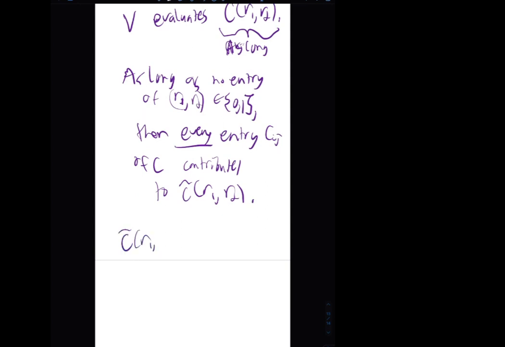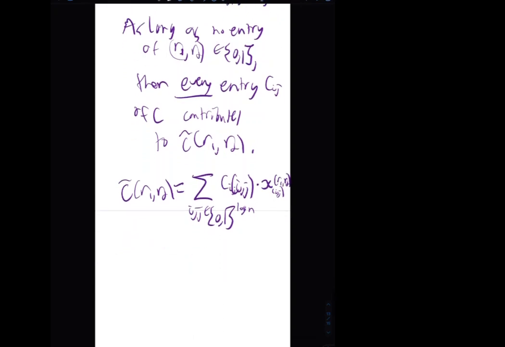C twiddle of R1, R2 equals the sum over all ij in the Boolean hypercube of Cij, if you view it as a function over the Boolean hypercube, times the Lagrange basis polynomial for ij evaluated at R1, R2. My point is, if no entry of R1 or R2 is in {0, 1}, then this will be non-zero for every ij in {0, 1}.